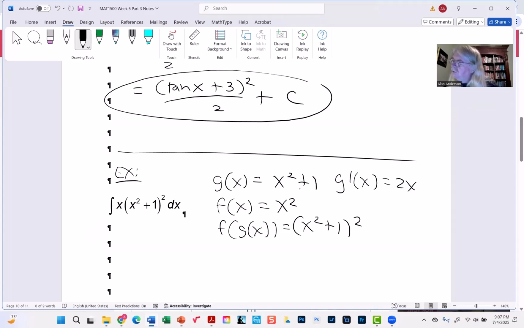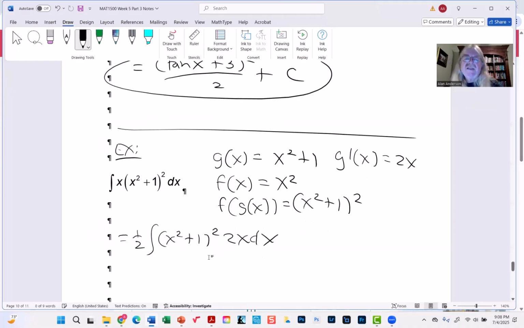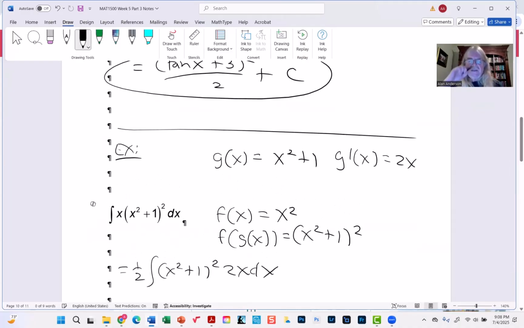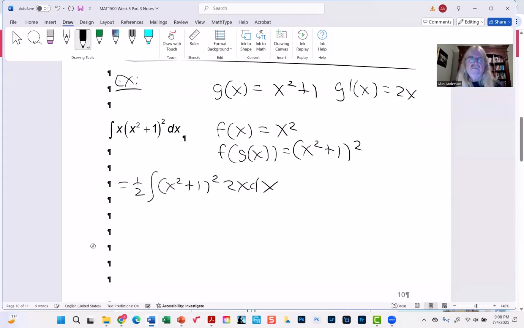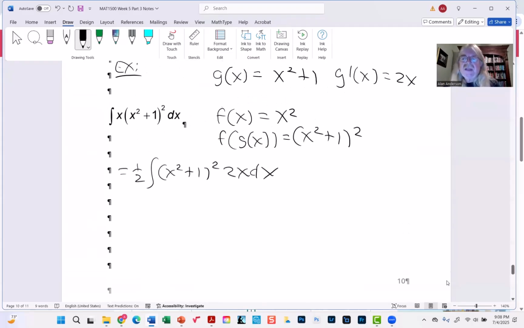That's the missing piece. So here's what we're going to do. By writing it like that, now we're in pretty good shape because you can see that we do have what we need. It's just that we now have that half out there. So this is f of g of x.